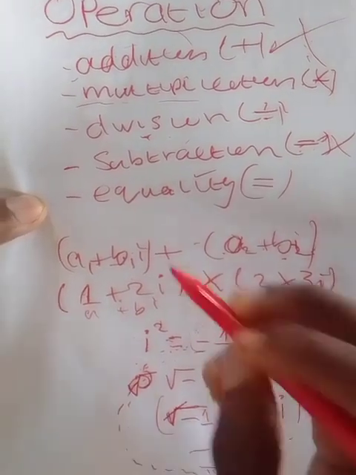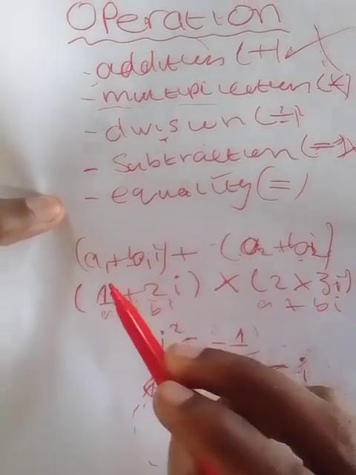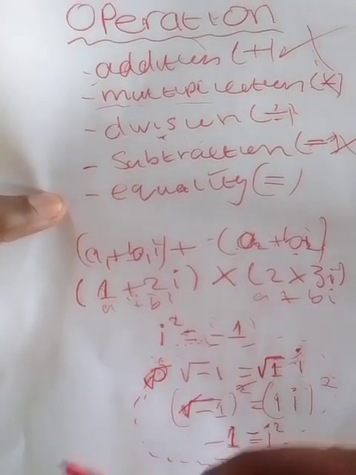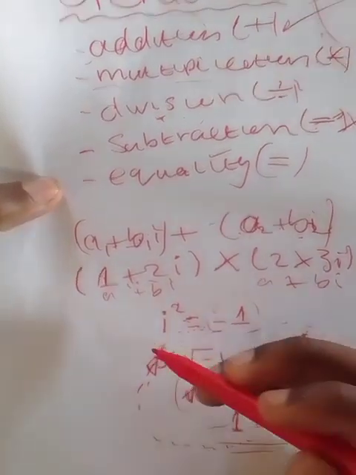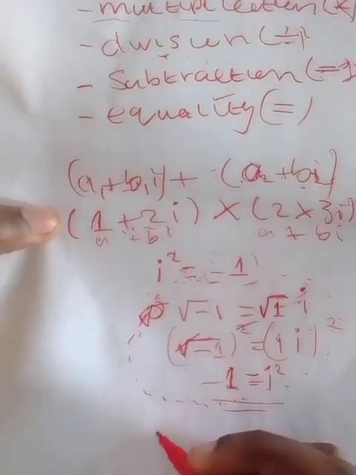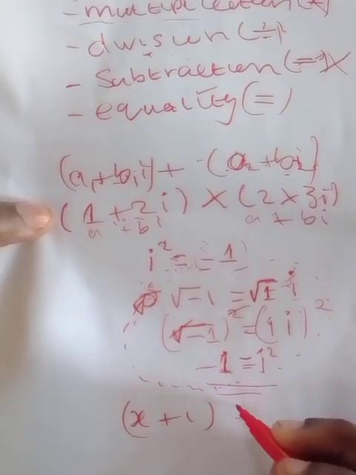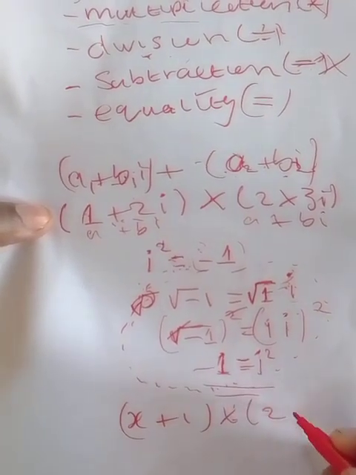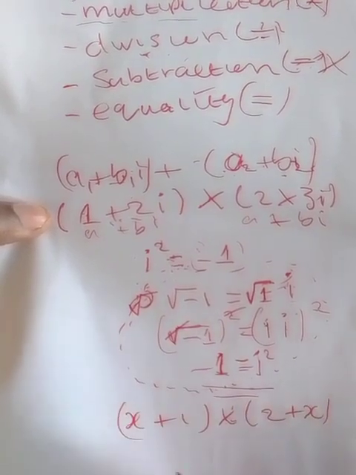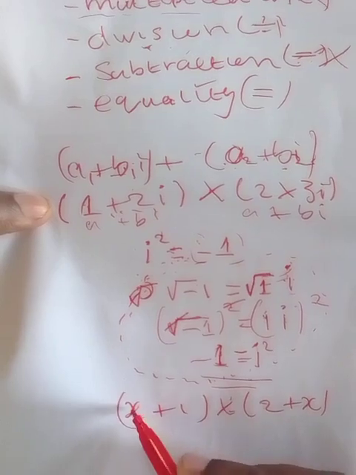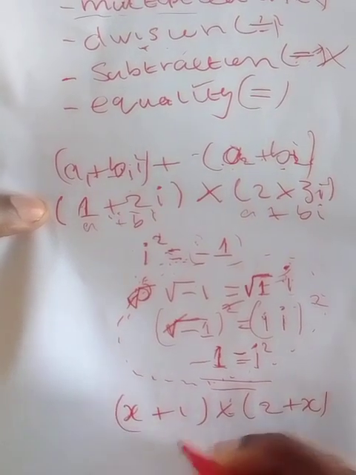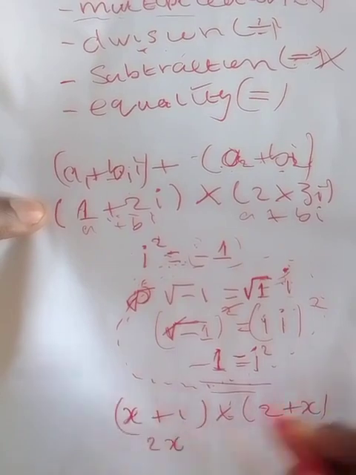So when you're multiplying complex numbers, you do it the same way you handle algebraic expressions. For instance, let's say you're given x plus 1 times 2 plus x. What do you do? You multiply x times 2, you get 2x. x times x, you get x squared.